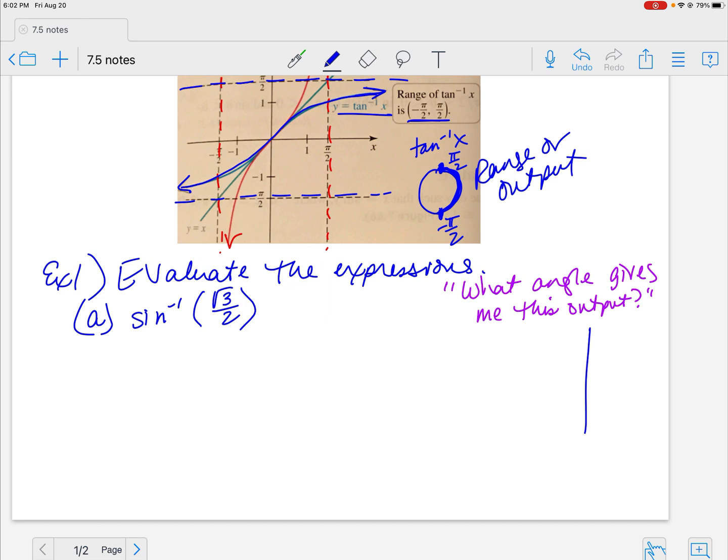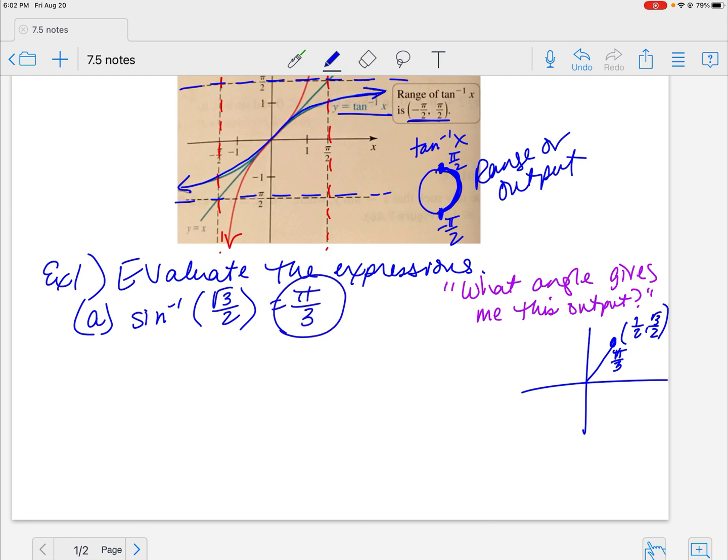And what is that? I like to draw a little unit circle over here. So I know that square root of 3 over 2 is going to be up here at pi over 3. I've got 1/2 and square root of 3 over 2, and we know sine is the output. So this will be pi over 3.